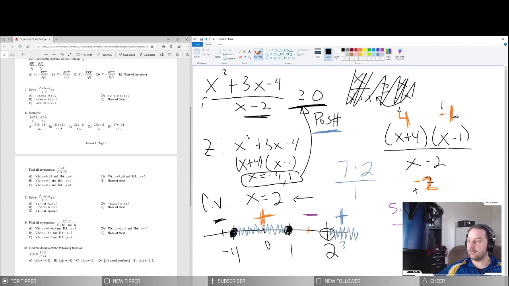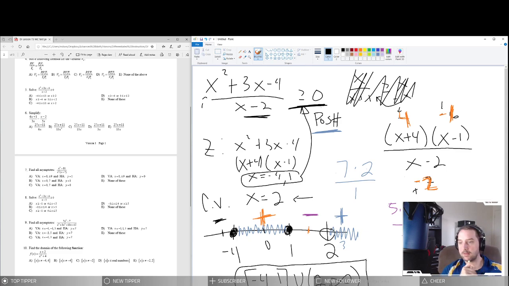And so my answer is going to be from -4 to 1, union from 2 to infinity. So what value is going to represent that? So the interval between -4 and +1.